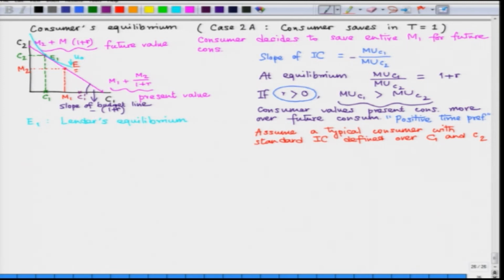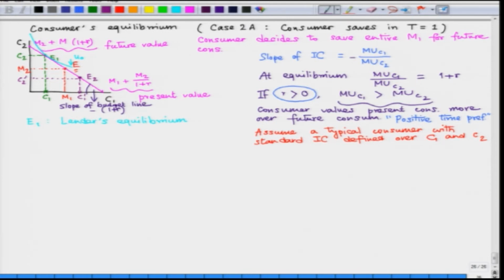We have to go back to the budget constraint to figure out the point on it. The y coordinate of that point will give the future consumption C2 prime, and let me call this E2.